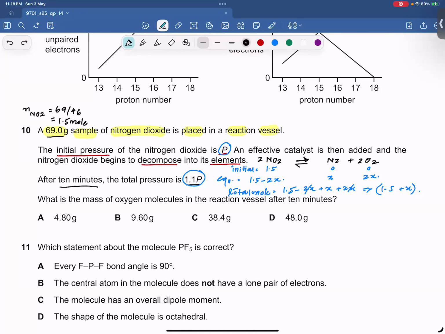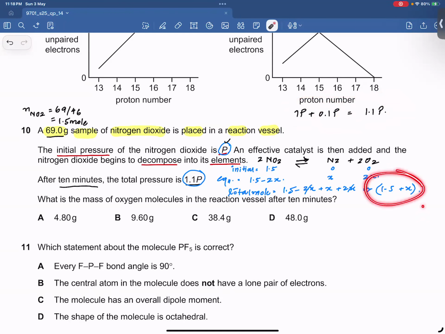That's the case. I'm stuck here. So initially it was 1P. Okay. And note that if it is 1P and now 1.1P, it means that only 0.1P has been added, which is why the total is going to be 1.1P. I hope it makes sense to you. So if initially it was 1P and 0.1P was added, the total is going to be 1.1P. Okay. So that is the total pressure and that is the total number of moles.